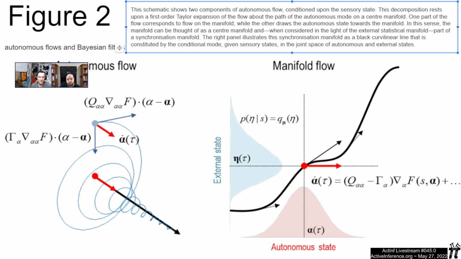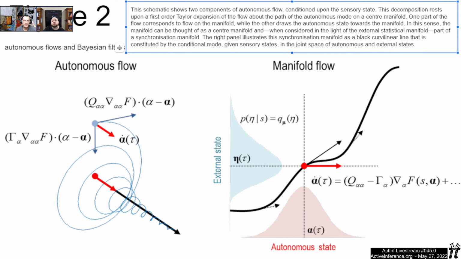So I'll move us away. We can talk more about the technical details, like how it relies on the Taylor expansion. But here are the autonomous states, and the black line potentially can be read as that manifold attractor.